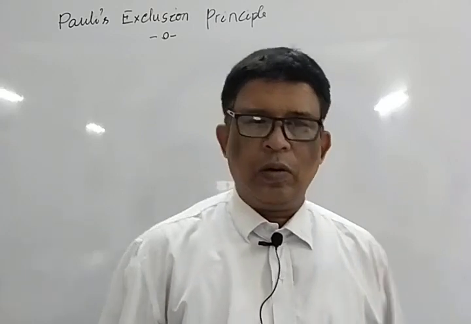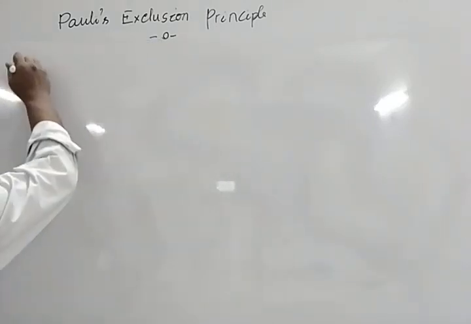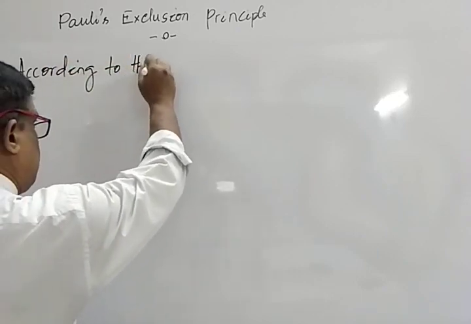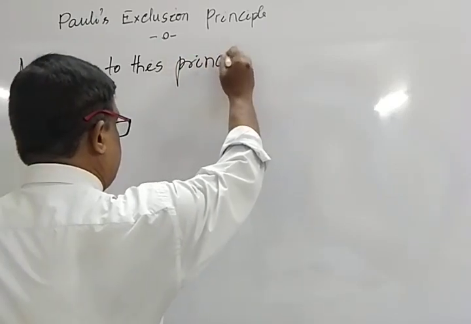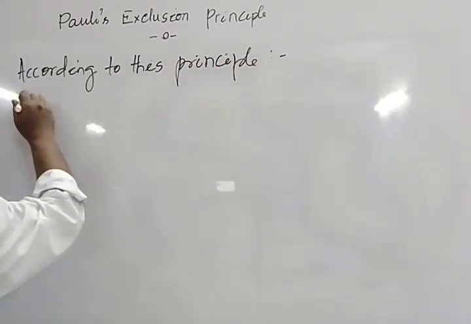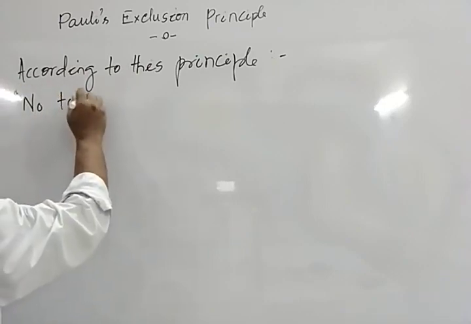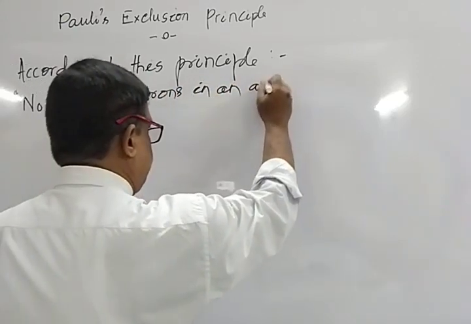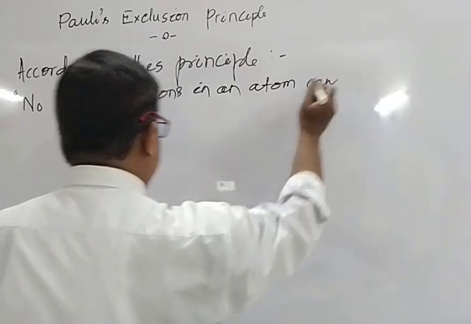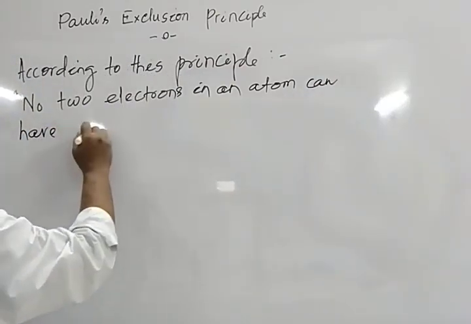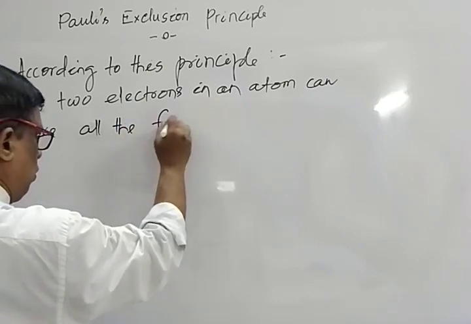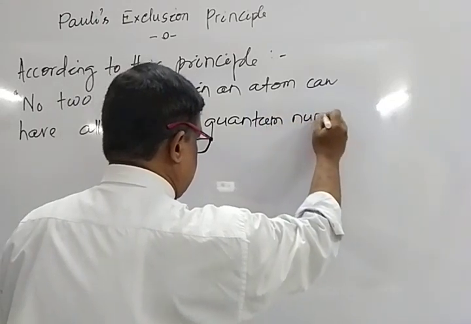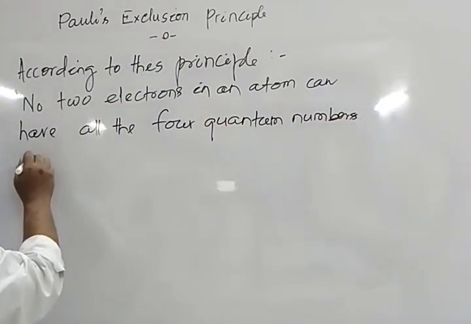According to this principle, note down, no two electrons in an atom can have all four quantum numbers alike.